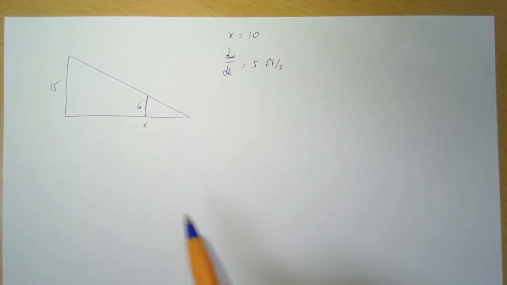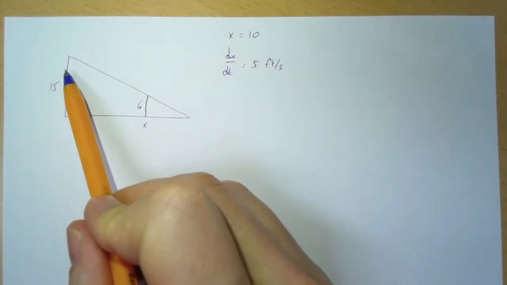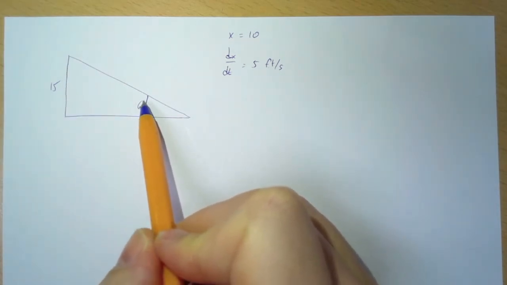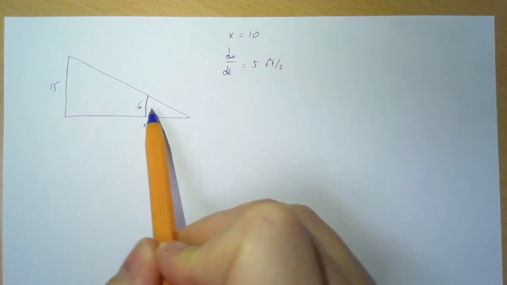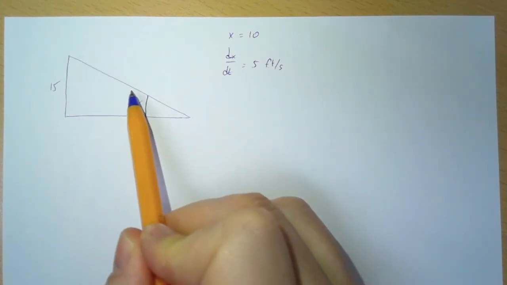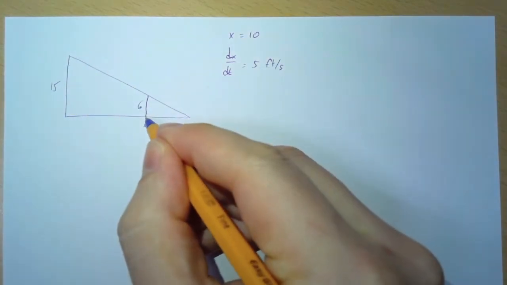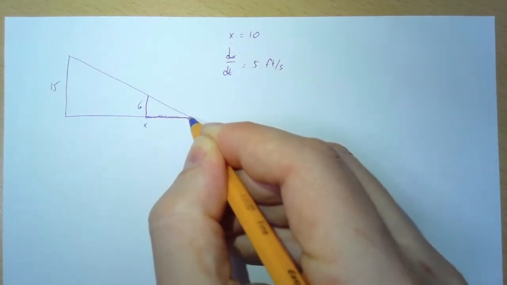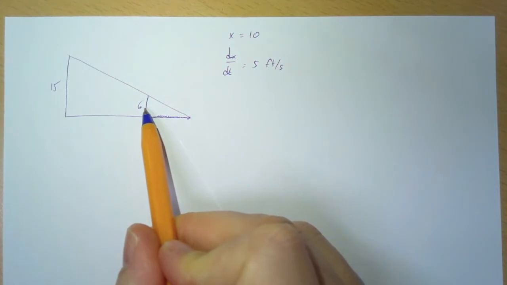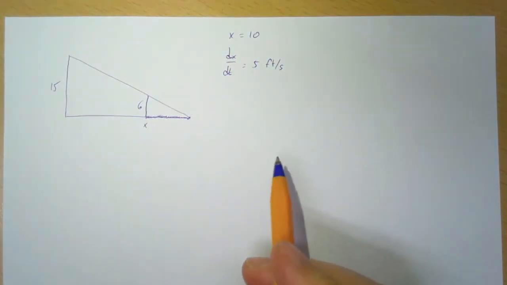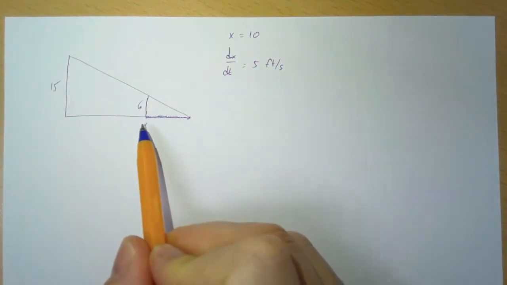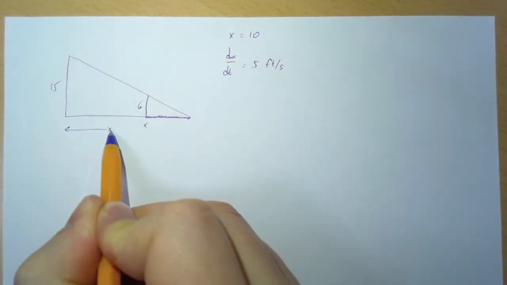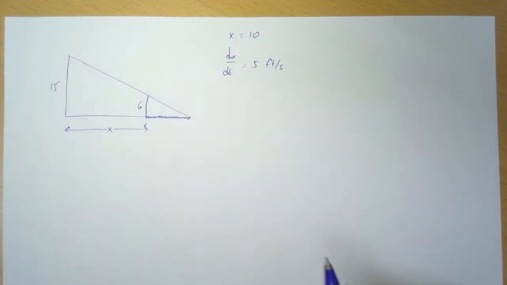So I put a 15 because the lamppost is 15 feet tall, and the man is 6 feet tall. So this is it, and the shadow is actually this part here. The shadow is getting longer as the gentleman is walking further. When we say that x is here, what it actually means is that this length is x, right?